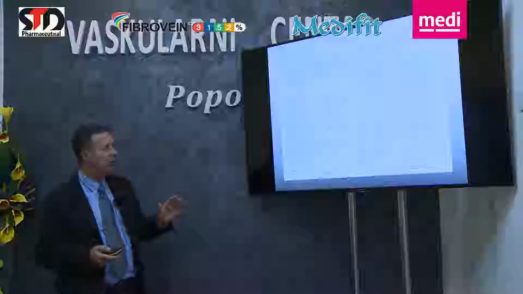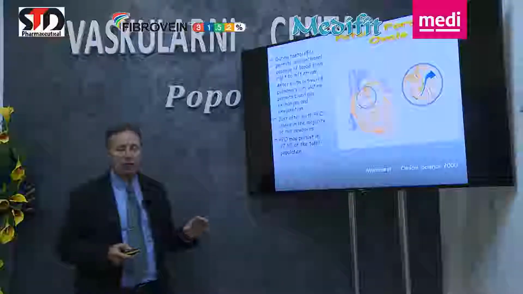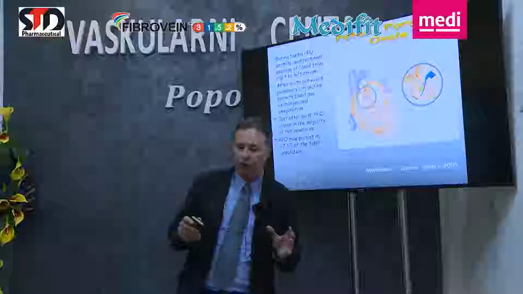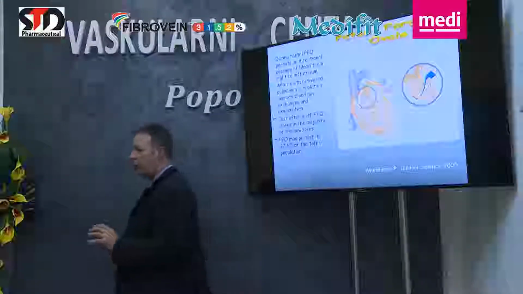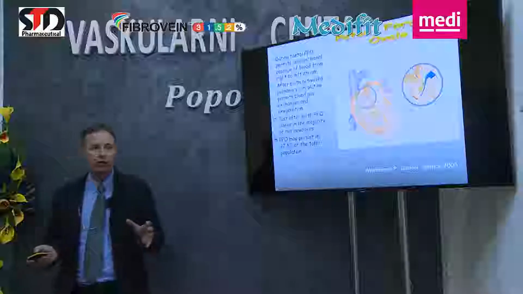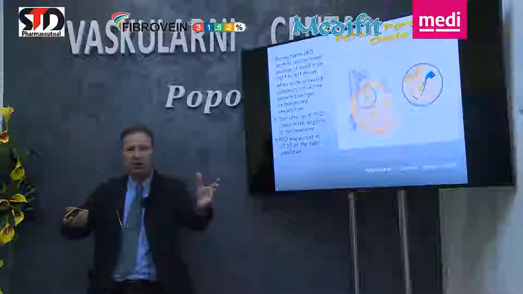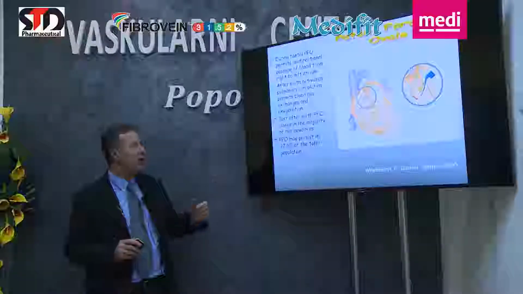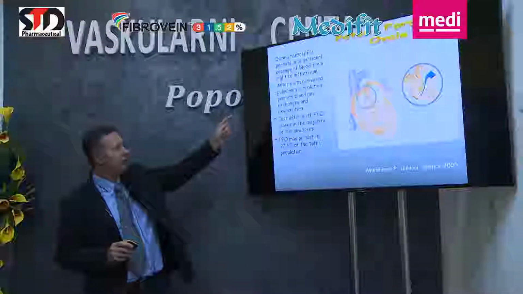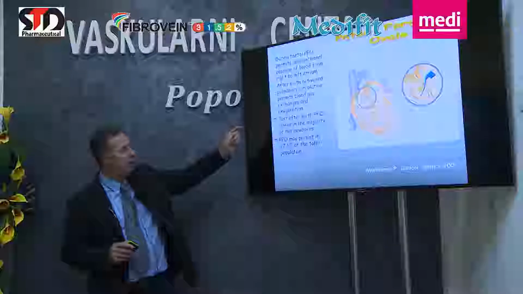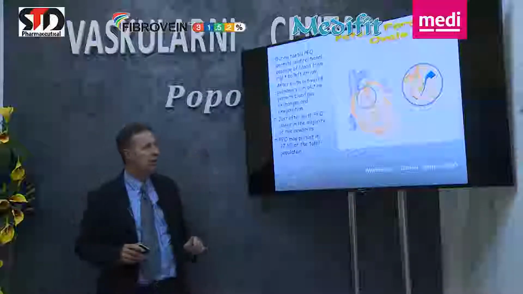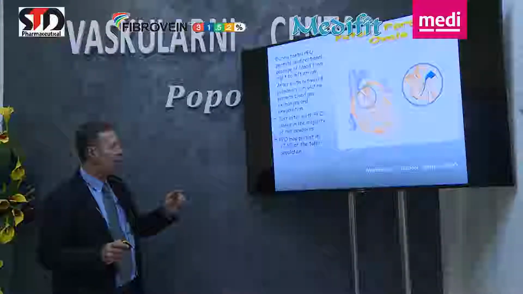Let's have a look. Patent foramen ovale is present probably in 25 to 30% of the general population. So it means here there are some, say, 7, 8, 10 people who have it, okay? In the vast majority of the cases, we are talking about a very, very small hole between the right and the left heart.